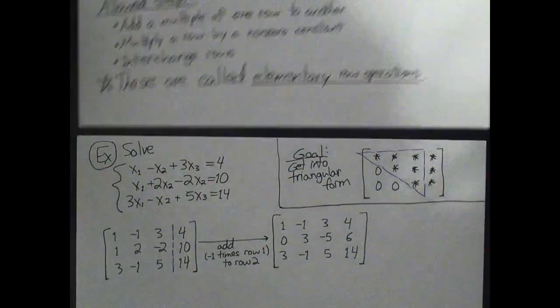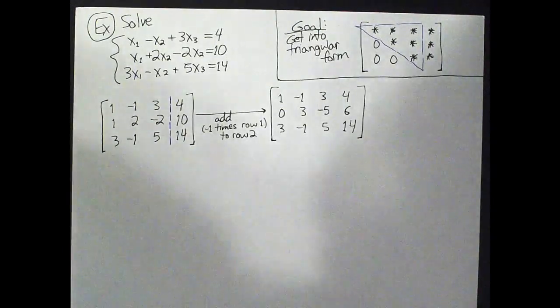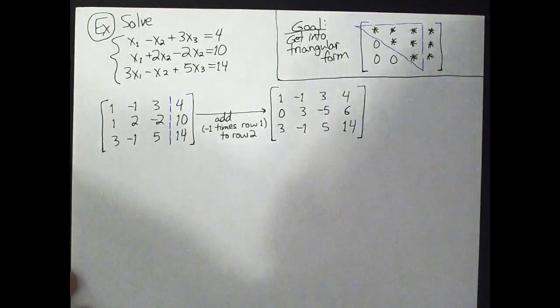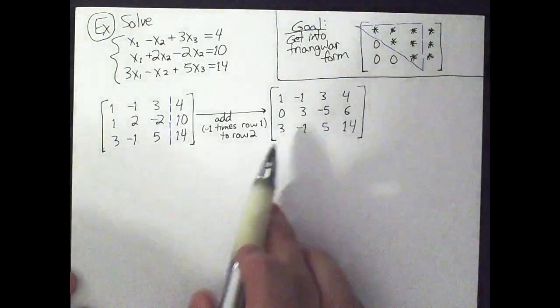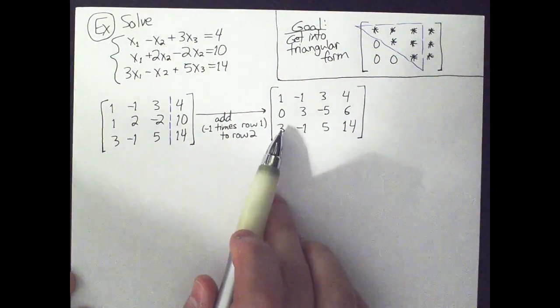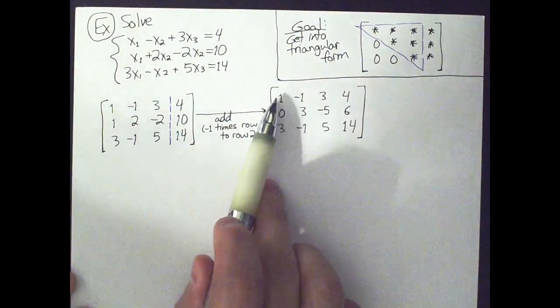Let's move this up. Feels like maybe this will take 3 steps, but it's hard to tell. It might take more. I think I want to go after this 3 that's all the way in the lower left. And I think the way I want to get rid of that 3 is by using a multiple of the 1 that's above it.